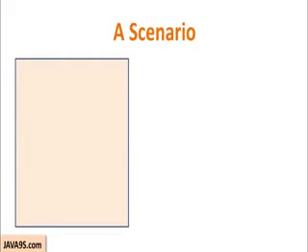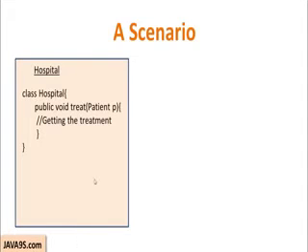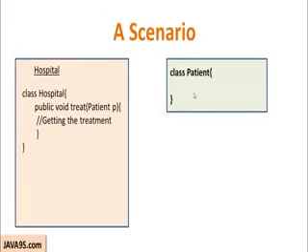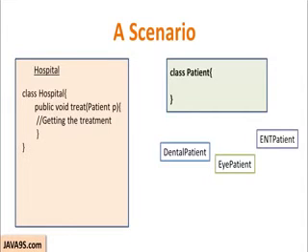Let me explain a particular scenario where overriding works best. Let us take a hospital example where it is going to treat some patients. Here I have a class Patient, which is a generic patient, and then we have special kinds of patients called dental patients with certain problems, an eye patient and an ENT patient.